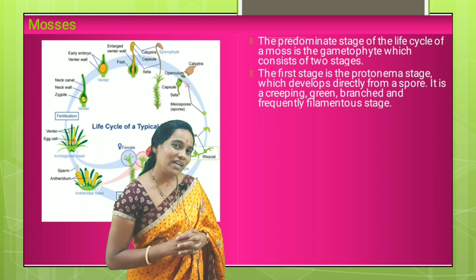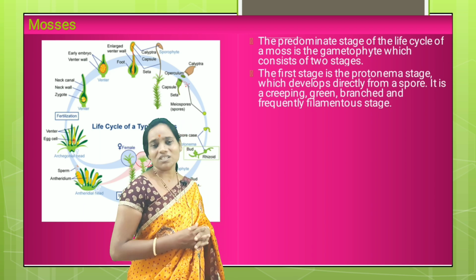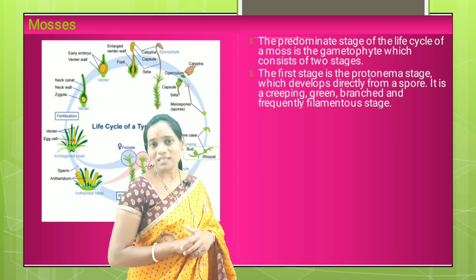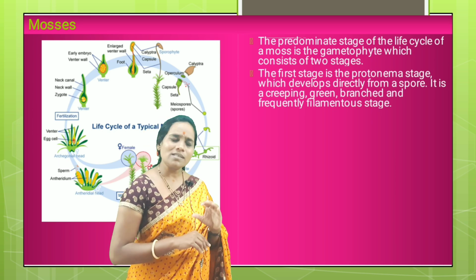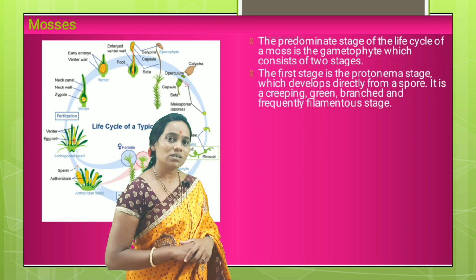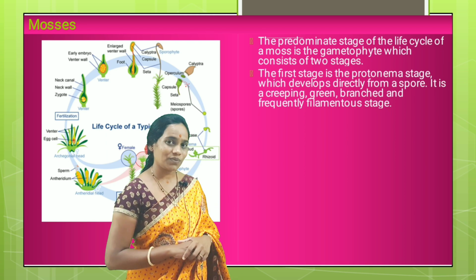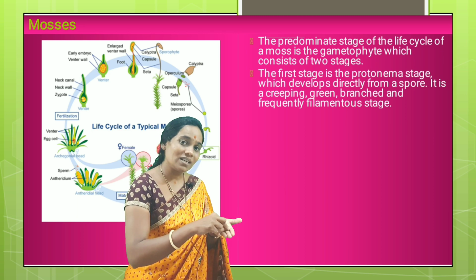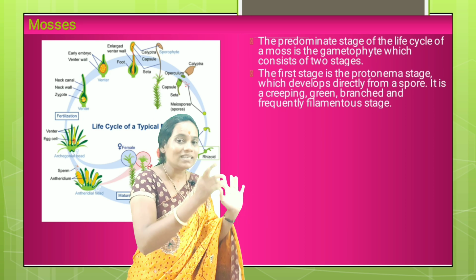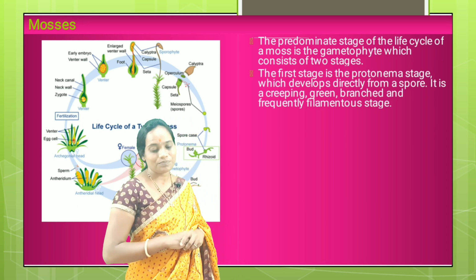I repeat, the first gametophytic stage of the moss is the protonema, a simple plant body developed from the spores. It is filamentous, creeping along the ground and getting branched.